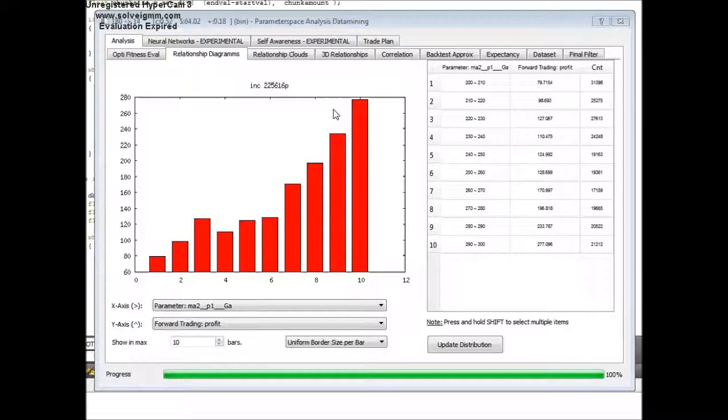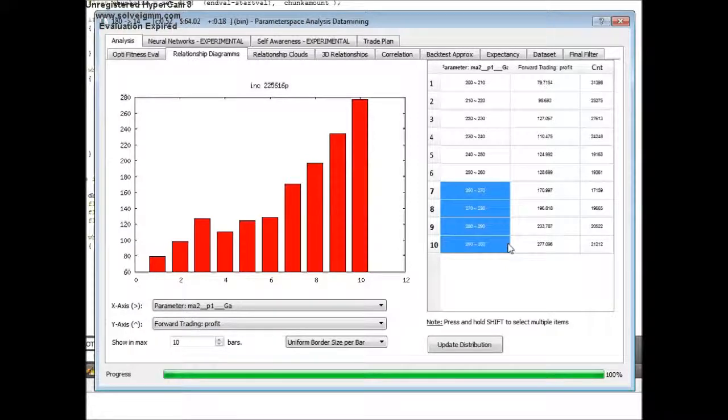So if we would redo the parameter space analysis, we would also extend this parameter range beyond 300, because this is the optimum and perhaps there are even better parameters here, but again for this video it's okay to use it. So let's use something like this. These 4 bars here, they are the best.